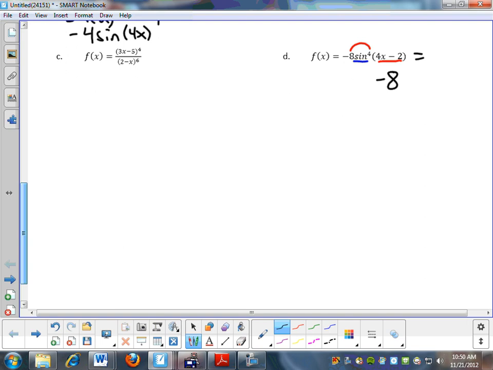Negative 8 sine of 4x minus 2, and I'm just taking the sine of the 4x minus 2 to the fourth power, correct? So let's start here. Normally we identify the inside. Sometimes if you have two of them, it's easier to identify the outside first. Anybody see the outside? Negative 8 u to the fourth. So that's going to be an outside part of the function. If that's the outside, what's the inside? Sine of 4x minus 2.